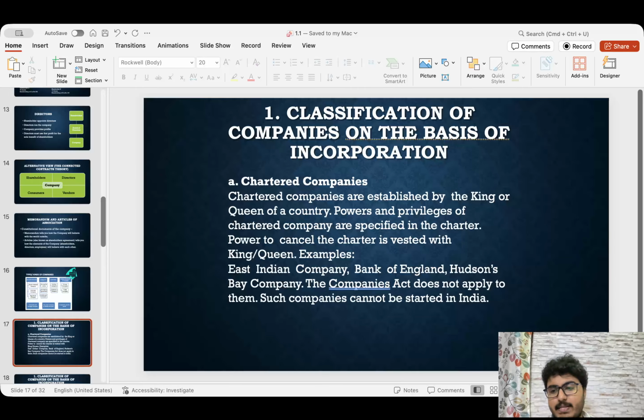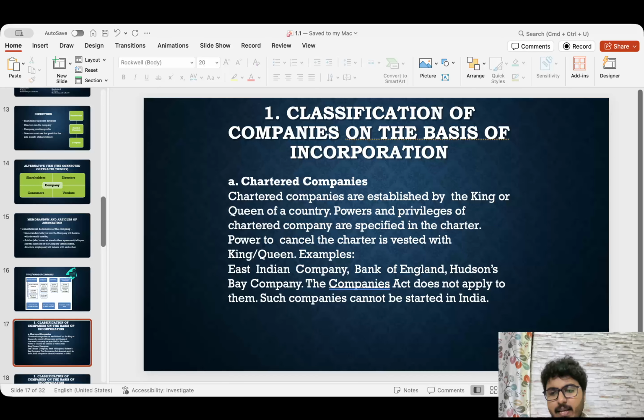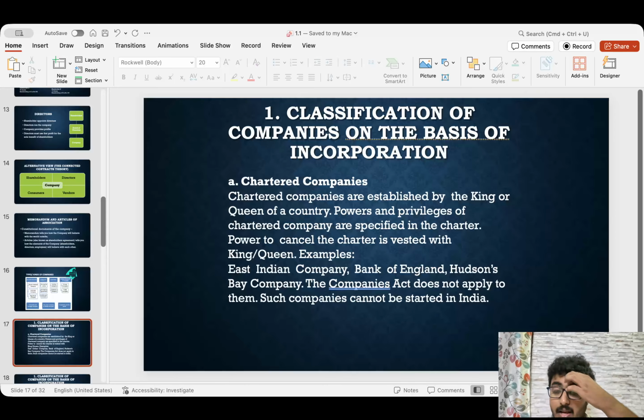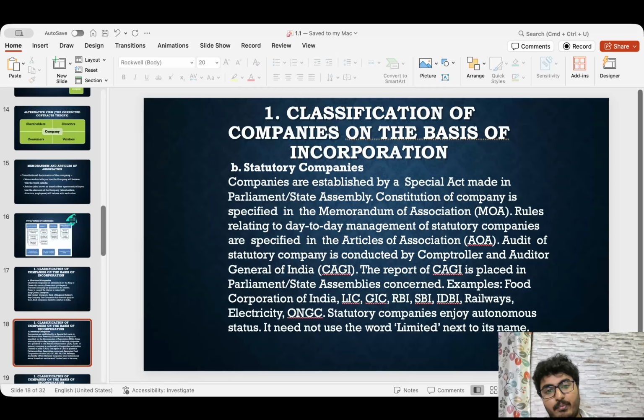These companies are not governed by the Companies Act. Historically, examples include the East India Company, Bank of England, Hudson Bay Company. Such companies can't be established in India today.